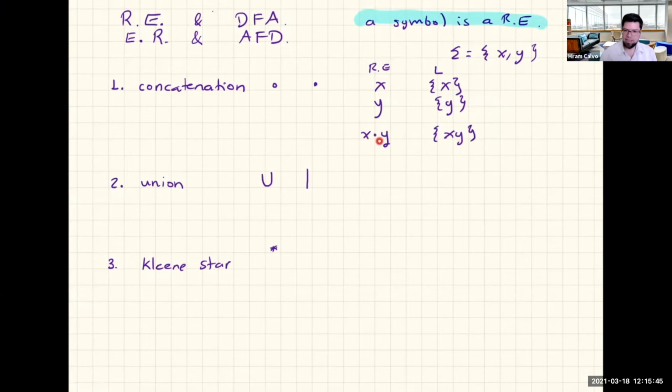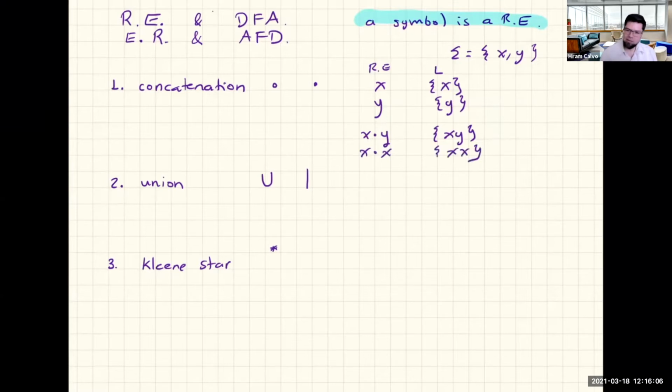So I'm concatenating X and Y. I can do this because I'm sure that X is a regular language and Y is a regular language. If I concatenate both of them, then I have a new regular language. The same will happen with X, or even X again. So I have X, X, etc.